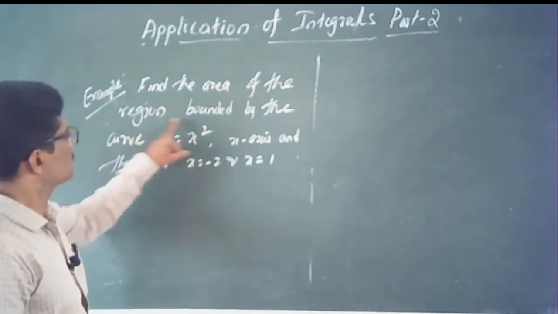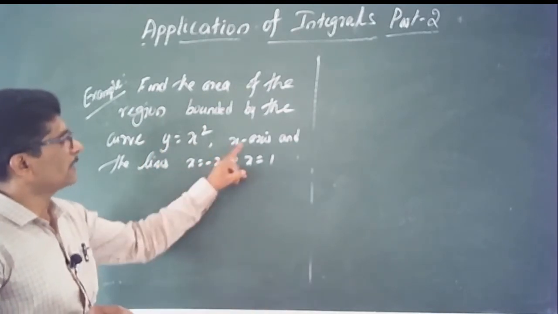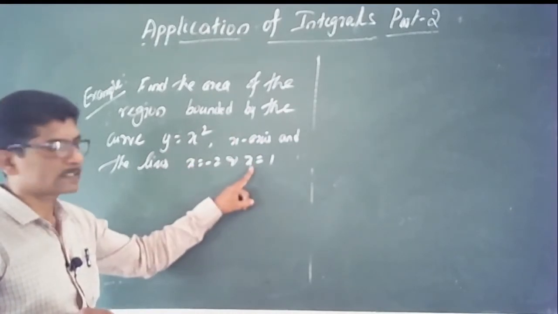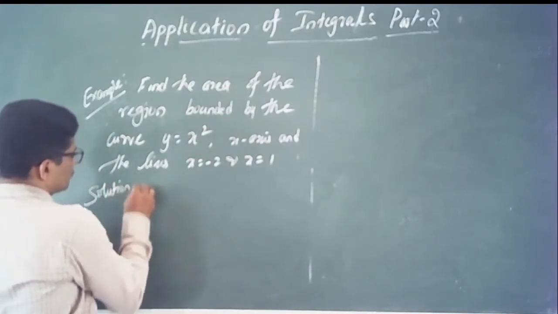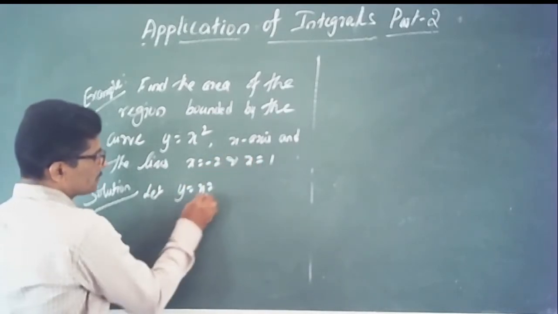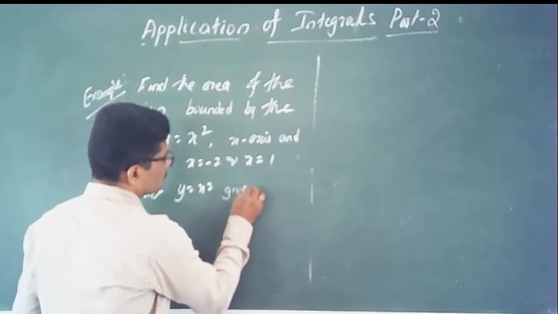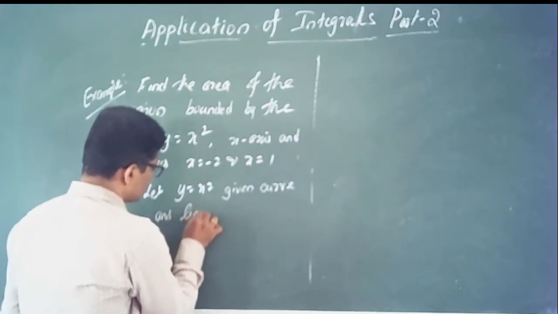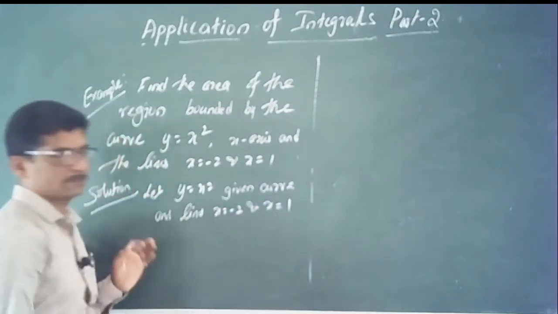This one is also a similar type of question. Here the given curve y is equal to x square, and the x-axis, as it is, y is equal to f of x, the given curve. And lines x equal to minus 2 and x equal to plus 1.